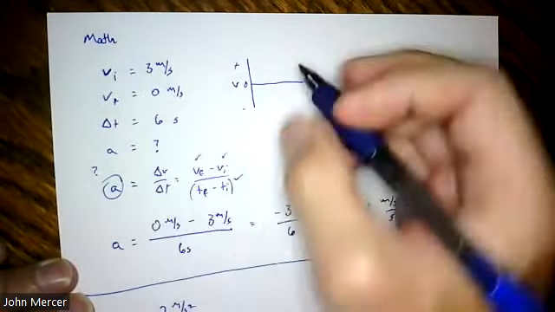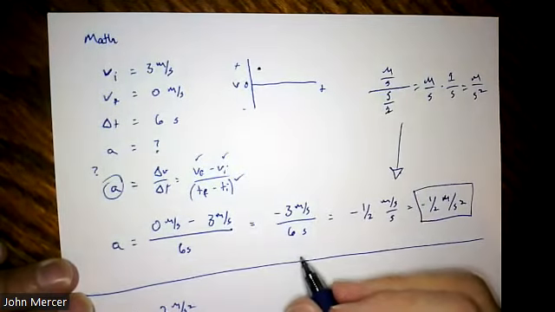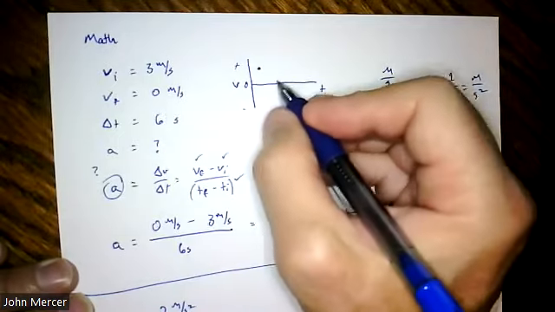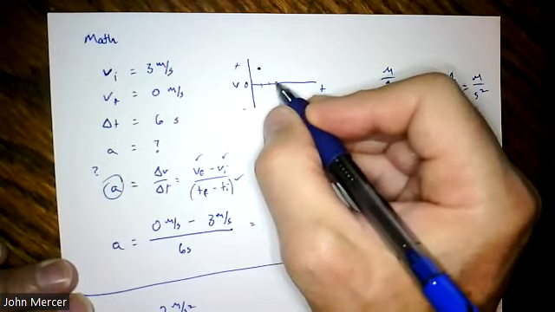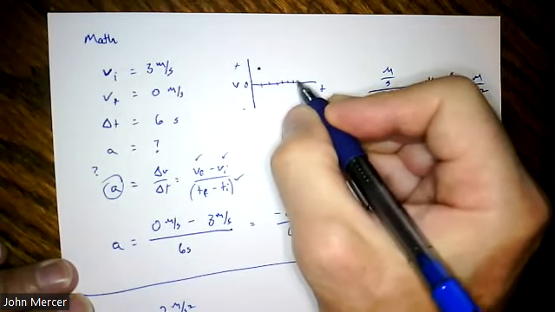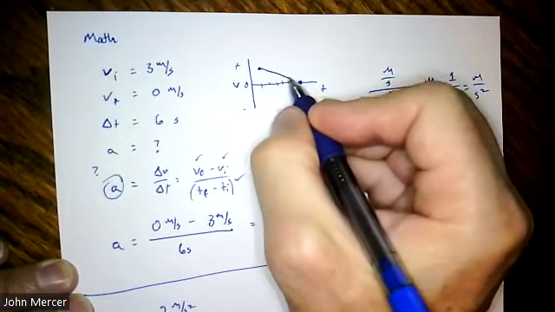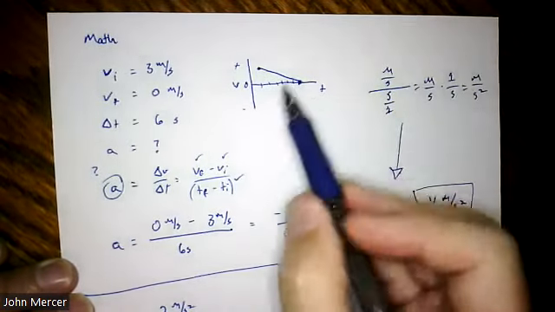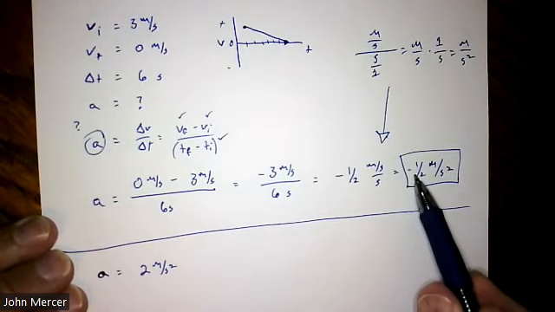And I start with a positive 3 meters per second, and I end with a 0 at 6 seconds later. 1, 2, 3, 4, 5, 6. If I do that right, I can connect the dots. The slope of that is negative, which we already know tells us that acceleration is going to be negative.